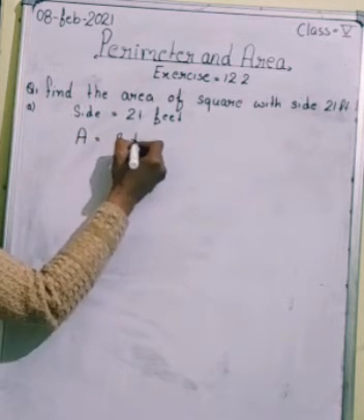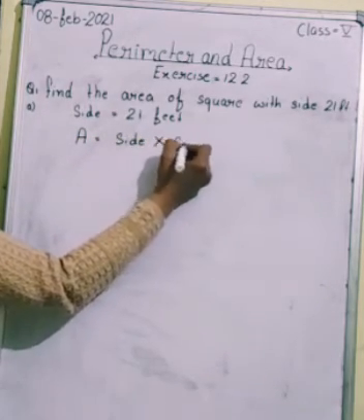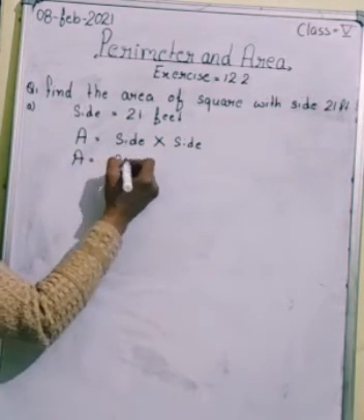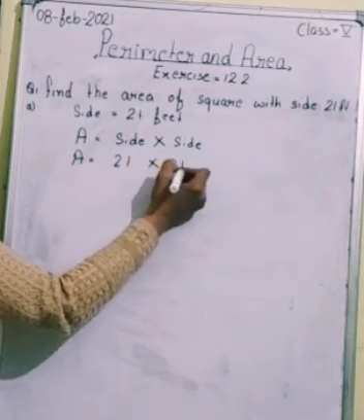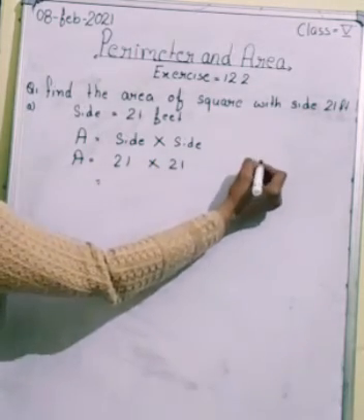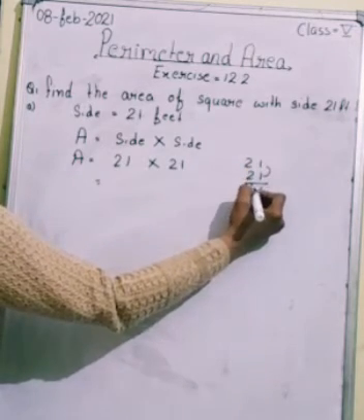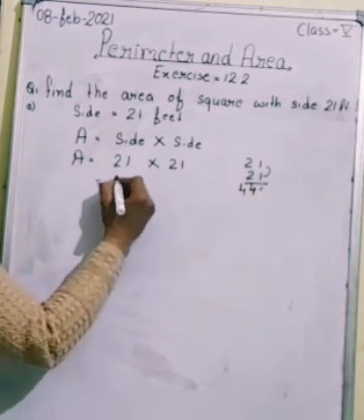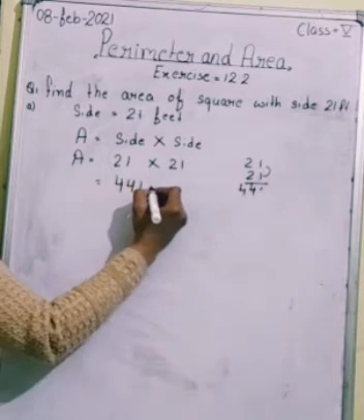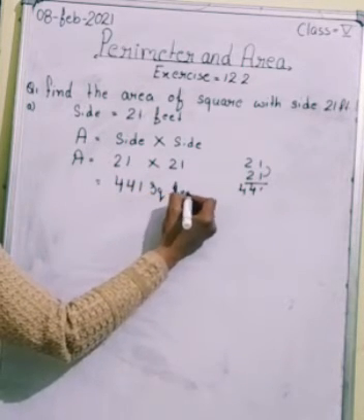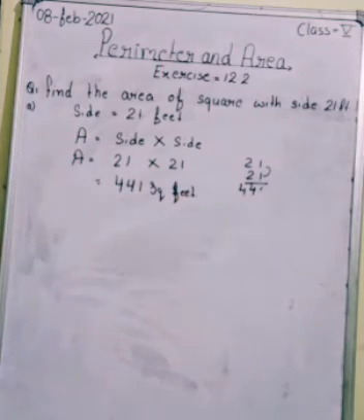That is side into side. So area is equal to 21 into 21. Now multiply these two. 1 ones are 1, 2 ones are 2, 2 ones are 2, 2 plus 2 is 4, 2 twos are 4. So it is 441 square feet.